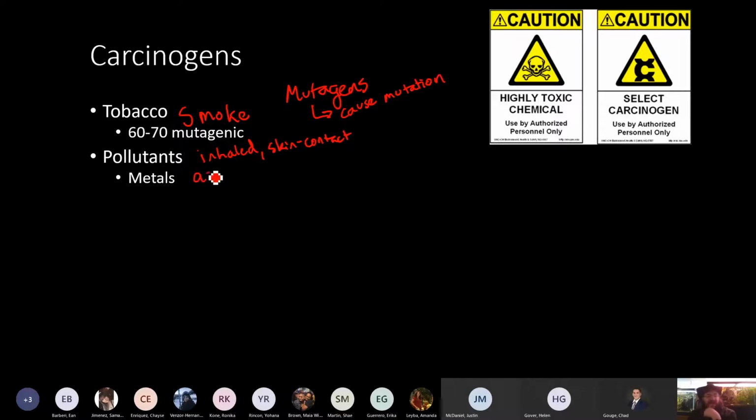For instance, good old asbestos is an example of a metal that, when inhaled, drastically increases your relative risk of cancer. The reason asbestos is so dangerous is that it is an extreme irritant.